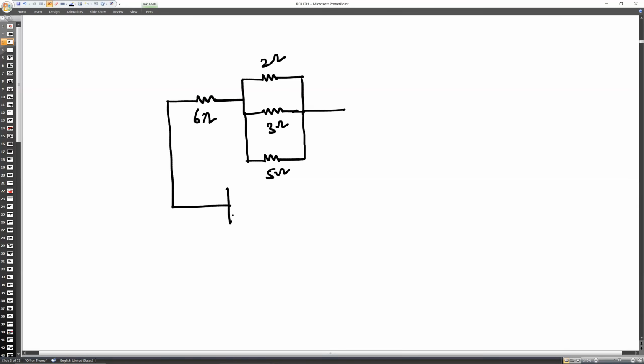Which of the following resistors among this 2 ohm, 3 ohm and 5 ohm, if they are connected with a 20-volt battery, will receive the highest potential difference? Can you tell me which will receive the highest potential difference in this case?